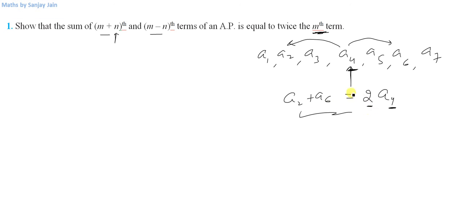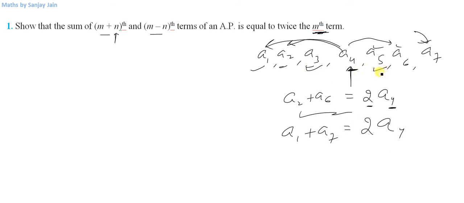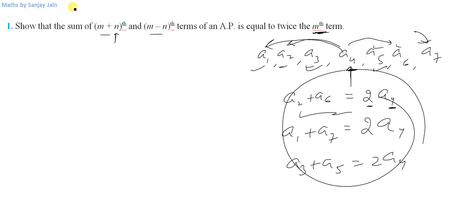Then you would know that if I go, let us say here, 1 2 3 steps here, and then 1 2 3 steps here, the sum of A1 and A7 will also be twice of A4. For that matter, sum of A3 and A5 will also be twice of A4. This is how it will work. So this is simply a concept.